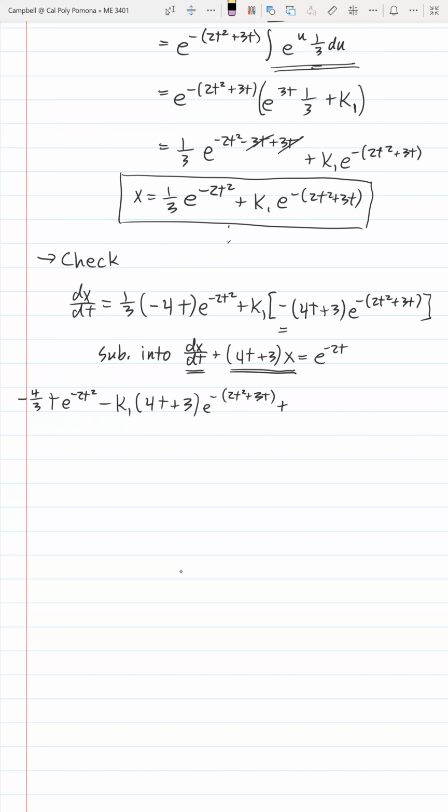Well, remember this is x right up here. So I can just distribute that across this quantity associated with x.